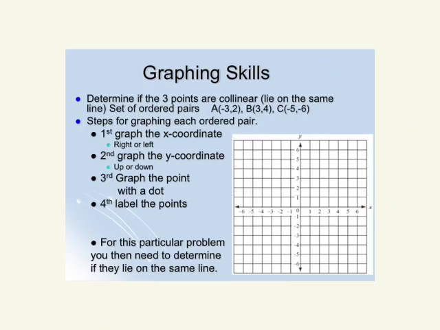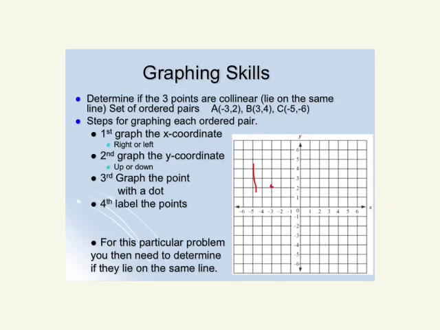One of the things you'll be asked to do is to graph ordered pairs, but here is a problem where you'll be asked to determine if the 3 points lie on the same line. They use the word collinear, which means that the points lie on the same line. So we're going to graph 3 points here. Point A is 3 to the left and 2 up.